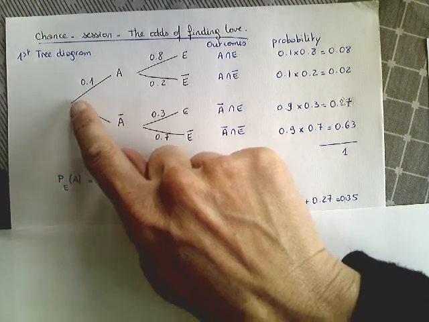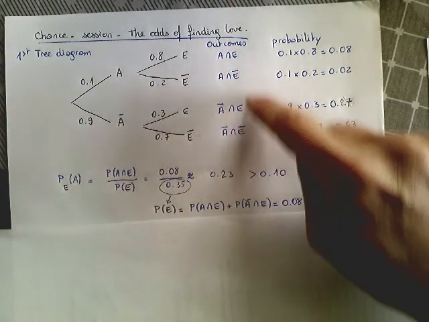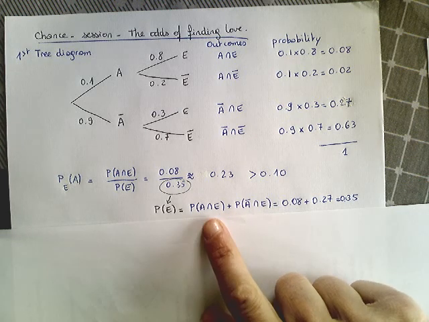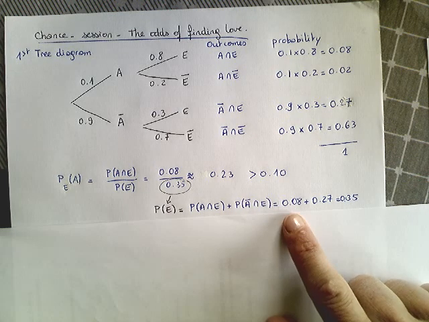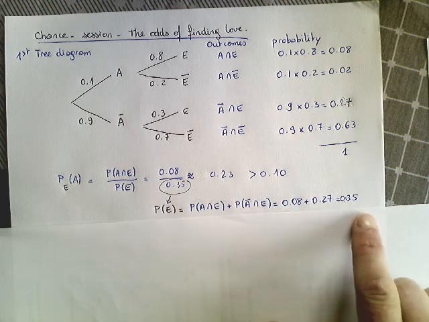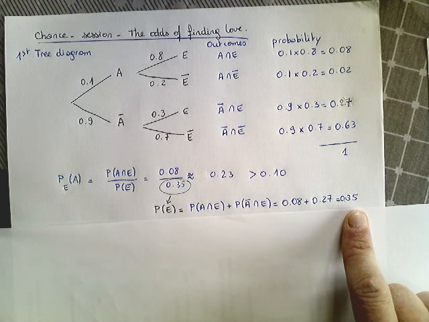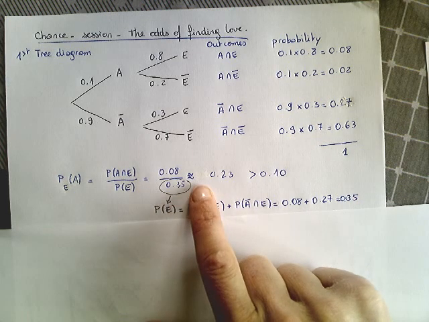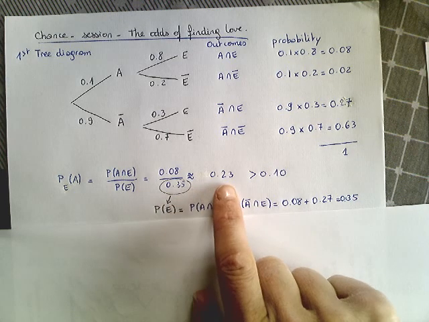For the probability of E, you have 2 outcomes leading to this, and you add their probabilities. And you find a probability of 0.35. So you divide them and you find approximately 0.23.